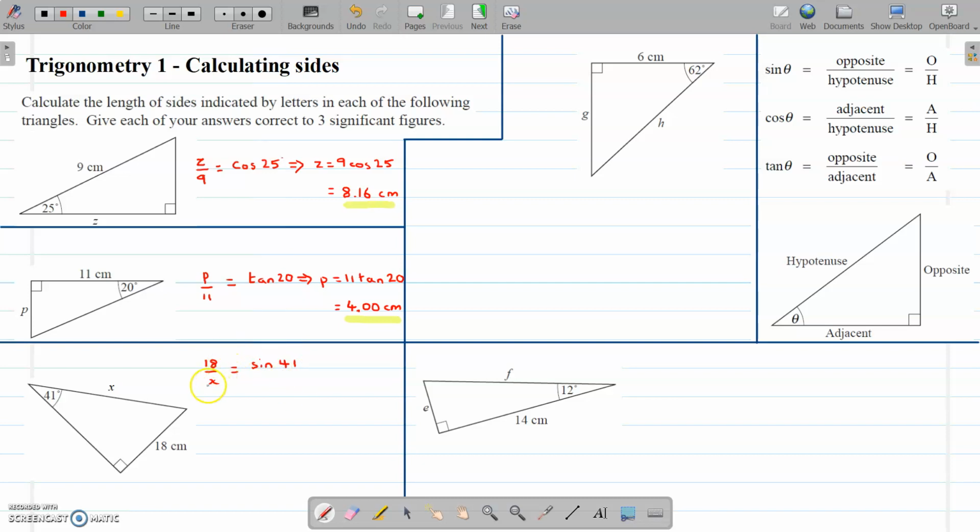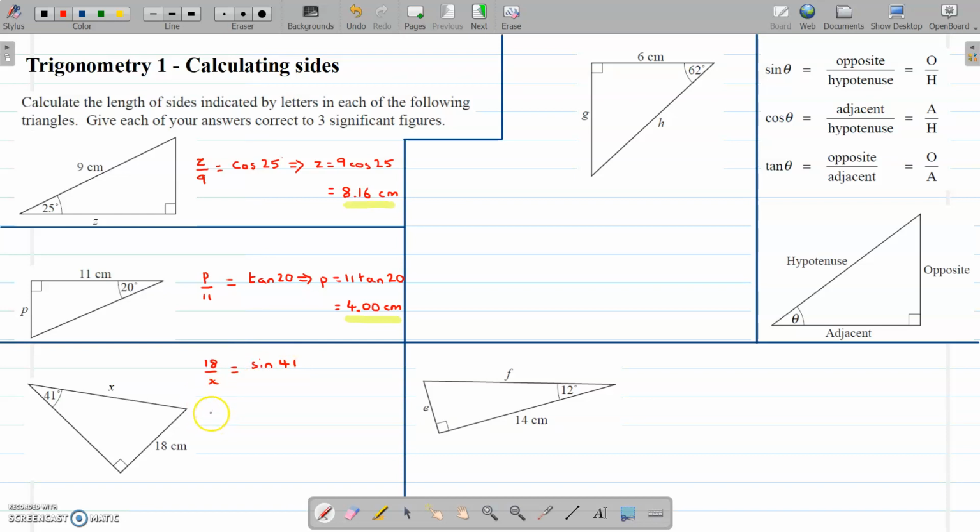Notice this time that the unknown is on the denominator of a fraction. Here it was on the numerator, here it was on the numerator, and this time it appears on the denominator. So we have to follow the usual steps of solving equations, but there's an extra step here because I need to multiply both sides by x.